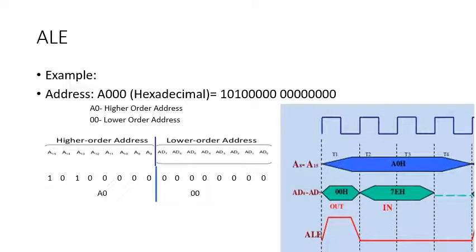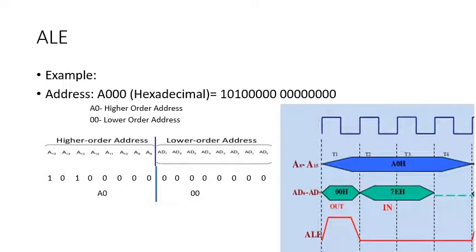I have told that when ALE is high, it makes the address latch enabled. So as the address latch is being enabled, at that instant of time, the lower order address bus, that is the multiplexed address bar data bus, is going to act as address bus alone. The lower order address is being transferred.